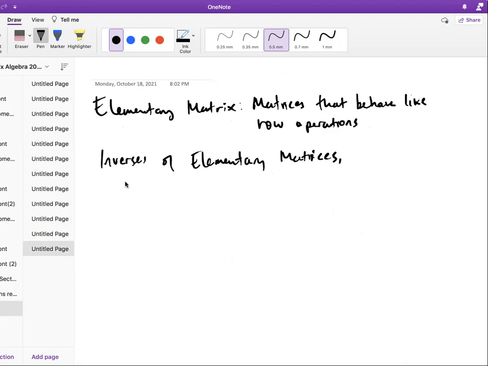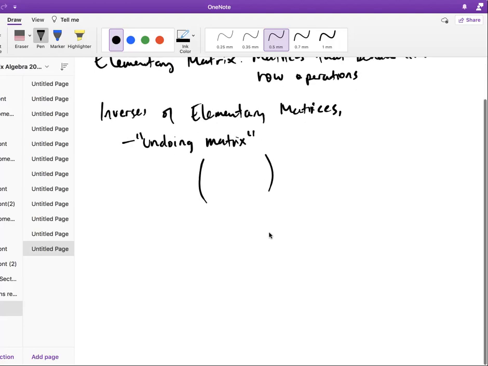So let's think about inverses based on how we have been talking about them, as like undoing, the undoing matrix. In big quotes, it's not a real thing.